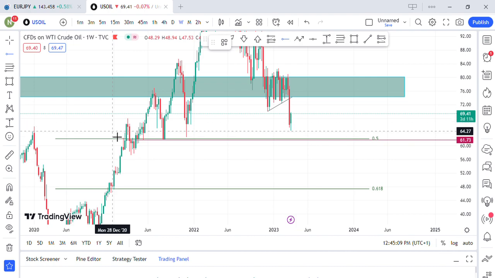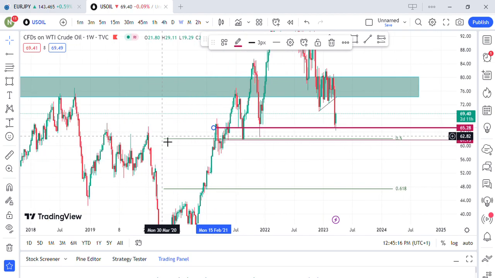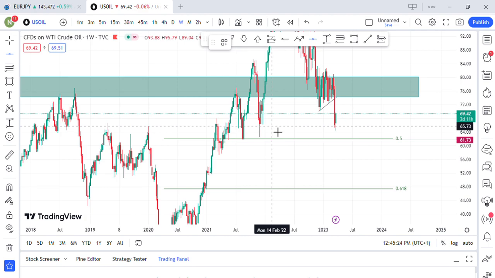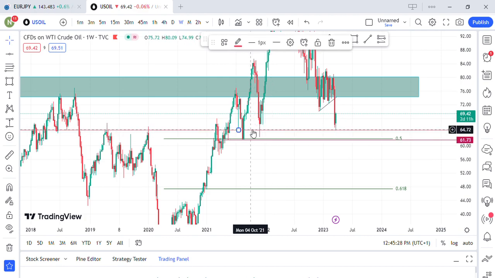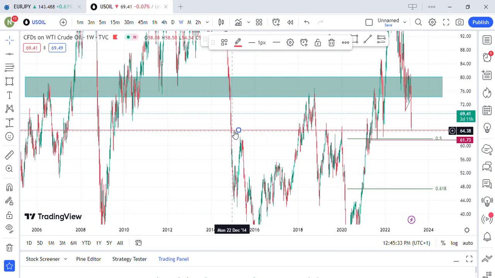You can see the market reacted around all this region. If you scroll back to previous times, the market has actually been reacting in this region.